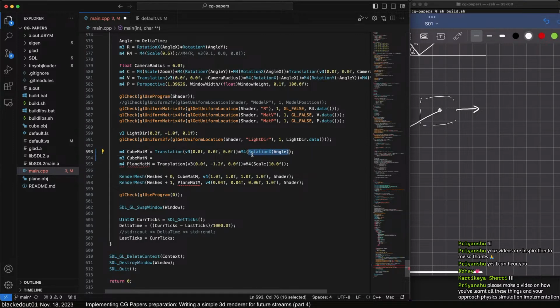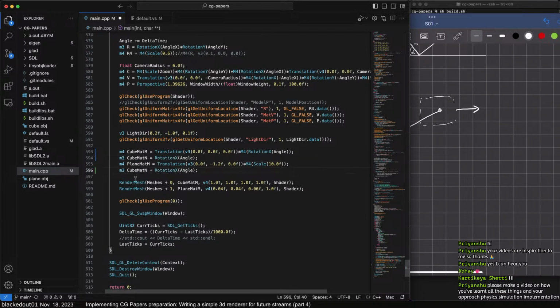So we just want to use the rotational part of the transformation. And yeah, so another one for the plane. But there's nothing interesting going on for the plane, so we can just set this to the identity matrix.